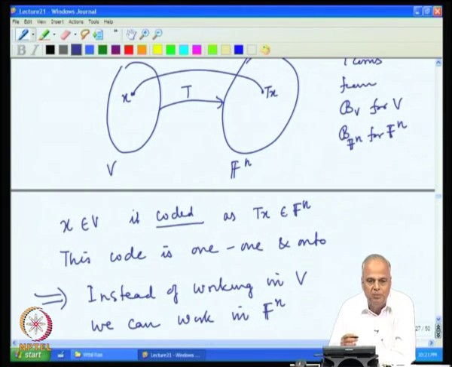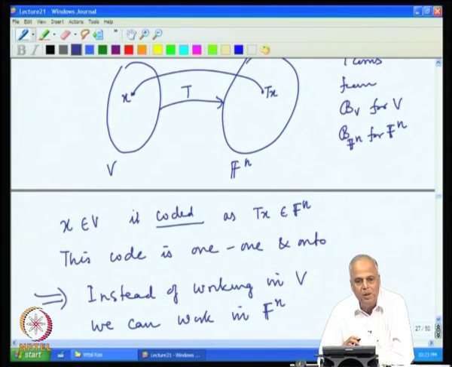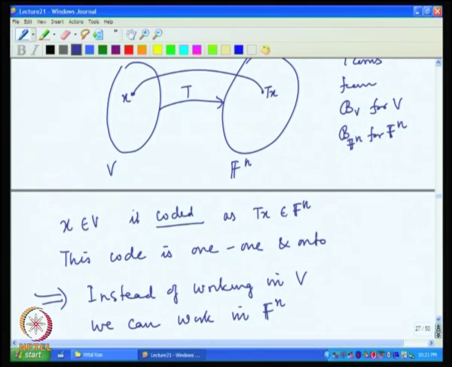Whatever problem is in V, it can be translated to a problem in F^n, and once we have solved the problem in F^n, the answer can be translated back to the language of V. Why can we translate back to that language?